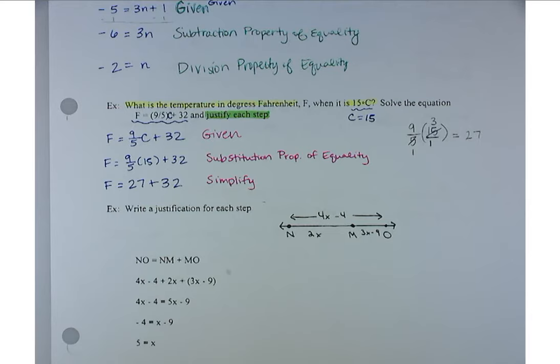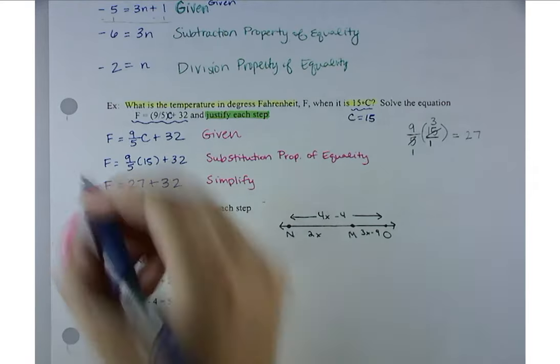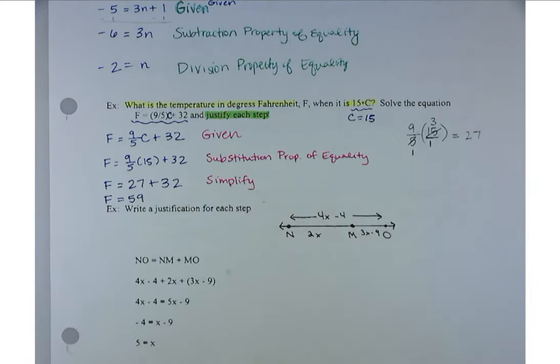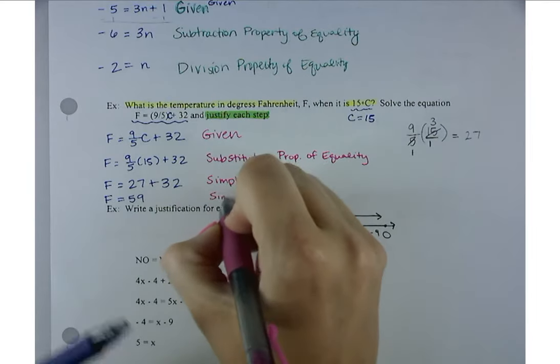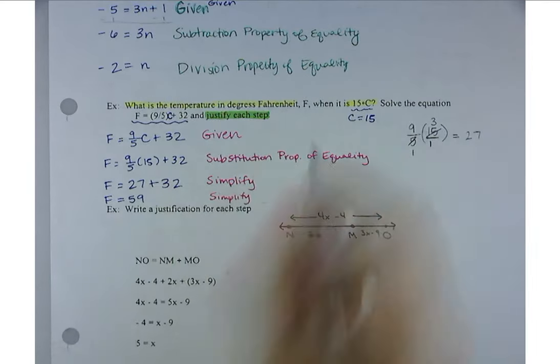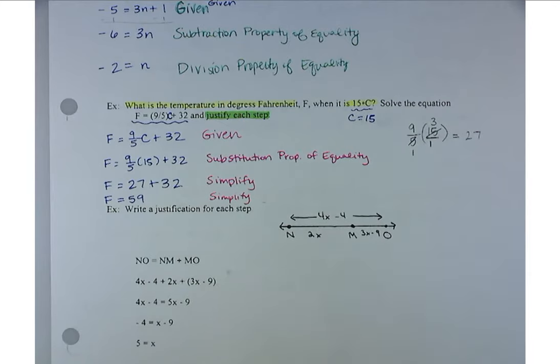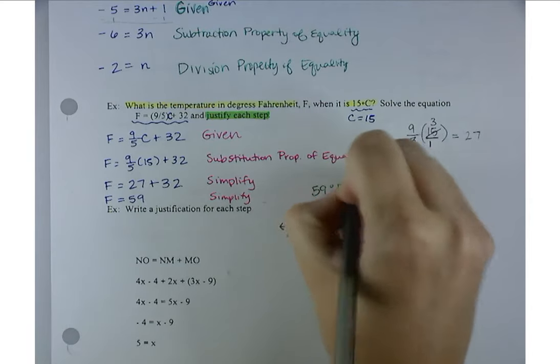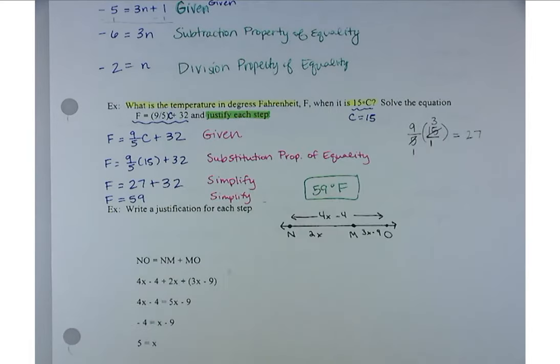And then we're going to simplify one more time by adding those together. So F would be 59, and again, that would be simplify. So when it's 15 degrees Celsius, it would be 59 degrees Fahrenheit. And that would be your solution, your 59 degrees Fahrenheit.